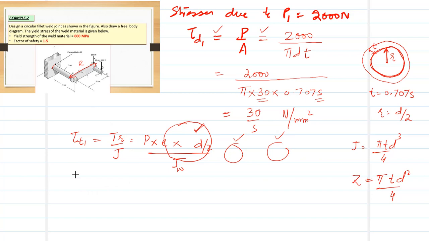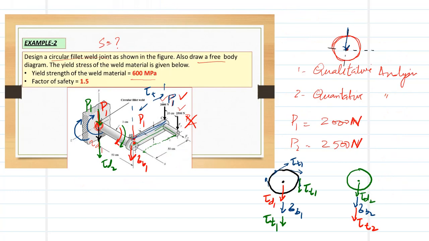So tau T1 is equal to P, which is 2000, times E, the distance from the point of application of load to the center of the rod. If you look at this diagram, this is 50 centimeter.